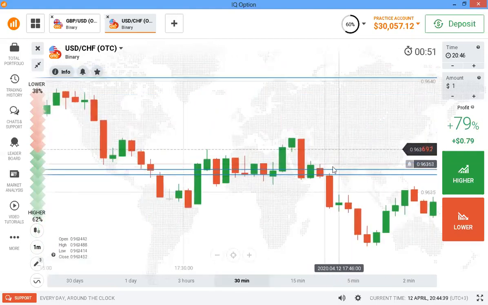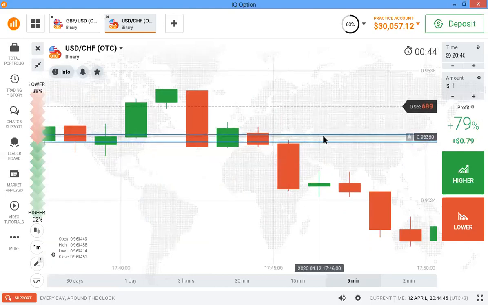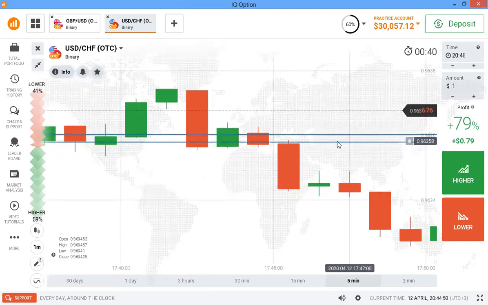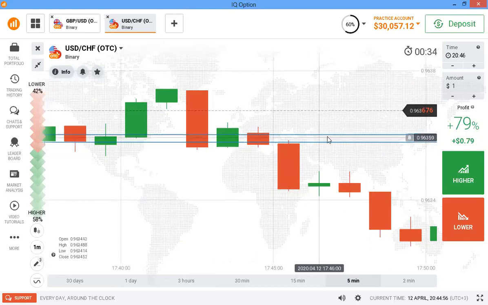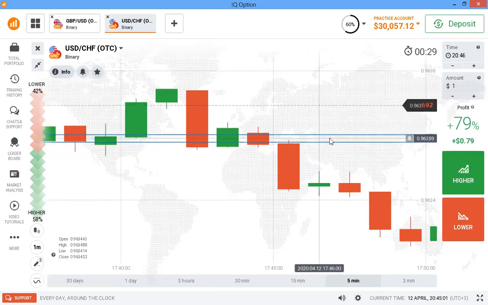So if buyers should come to this level and close inside this area with rejection, you place put. But if we close below this line here, even though with rejection, don't place put. It should close inside this with rejection, then you place put.